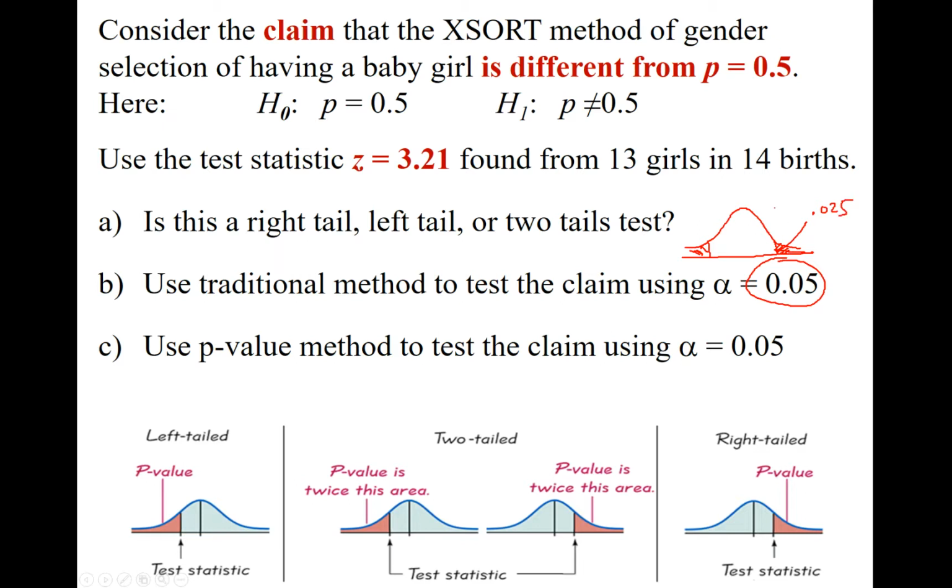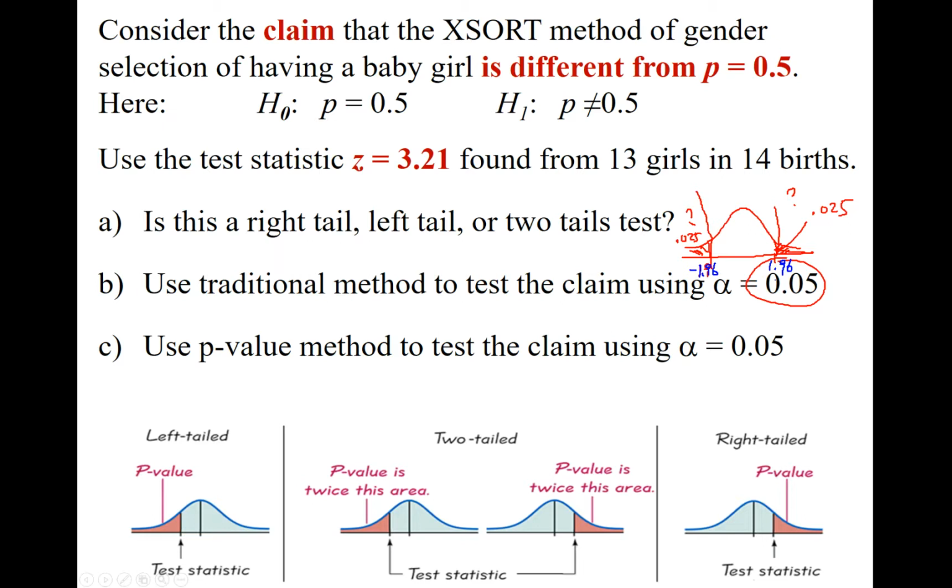This is the critical region, and this is also a critical region, and we need to find those two values. You can verify that from StatCrunch. If this is 0.025, this is going to be negative 1.96, and this is perfectly symmetrical, so this will be 1.96.